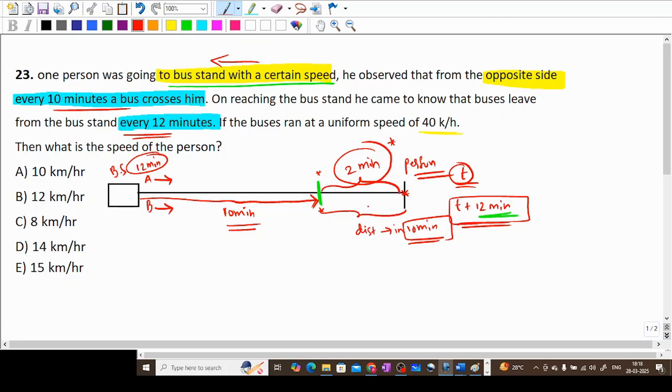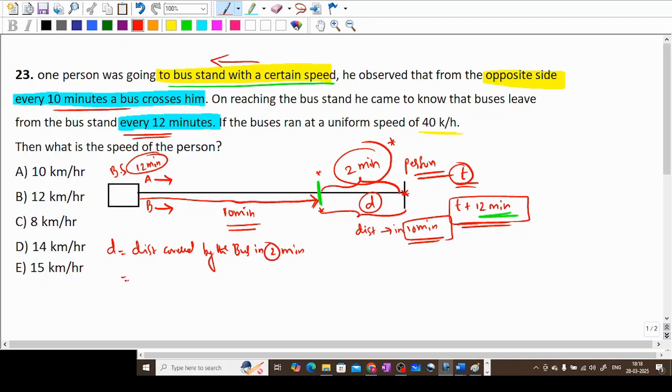If I assume this distance is some d, then the distance d is equal to the distance covered by the bus in 2 minutes.